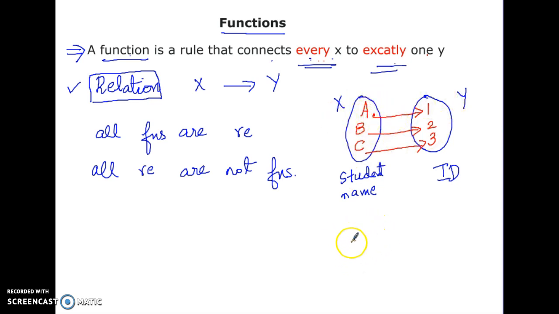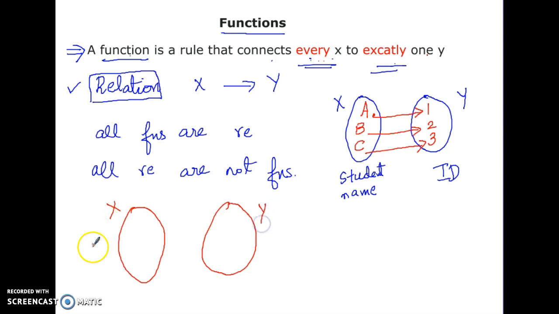Next, an example for a relation. If it's not a function and it's just a relation, another example would be, let's say we have two sets, x and y, and my x is students again, and I have students enrolled in sports.